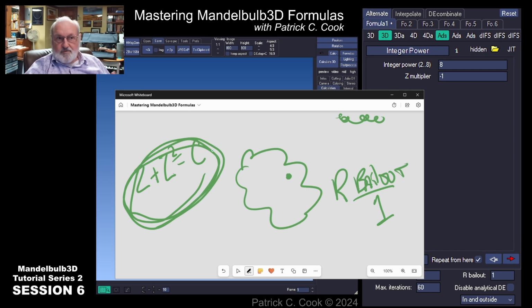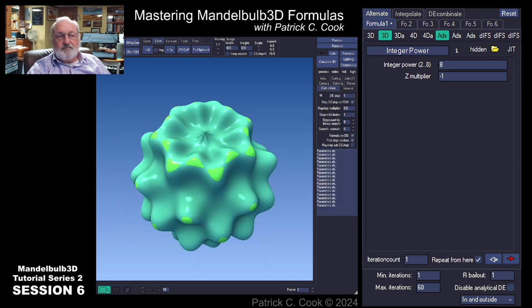It's out of focus, okay? It's fuzzy because I was not allowing all of the pixels to properly display, because the formula equation went outside of the R bailout, and many of my pixels can't display anymore. That's the reason why this thing is so fuzzy like that.